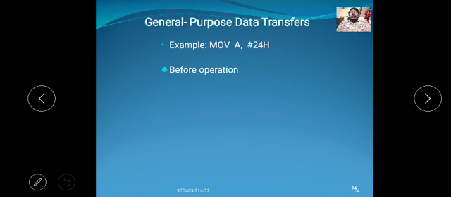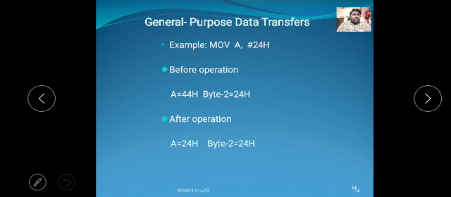This is the immediate addressing mode. Before the operation, A has 44H and byte 2 is 24H. After the operation, A contains 24H, as byte 2 is 24H.